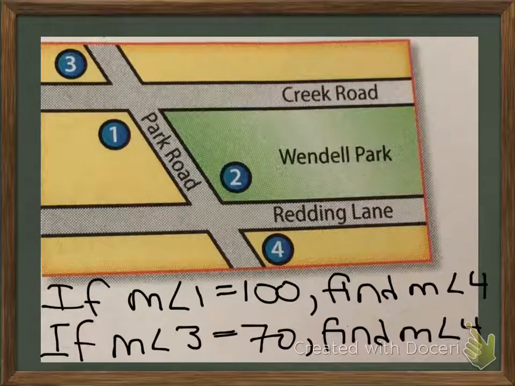So here's another diagram, and it gives us angle 1 is 100, and we need to find angle 4. If you look there, 1 is inside the parallel lines and 4 is outside the parallel lines.